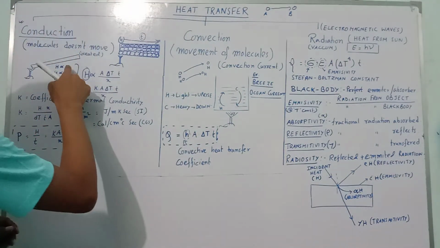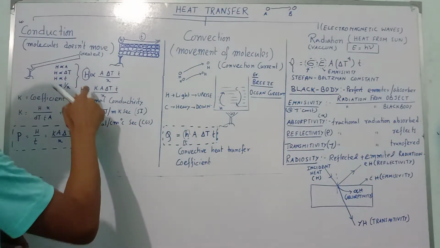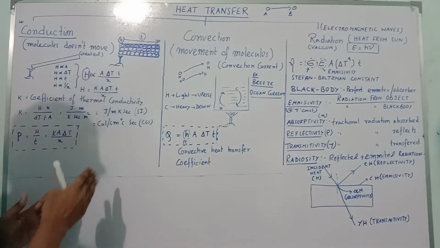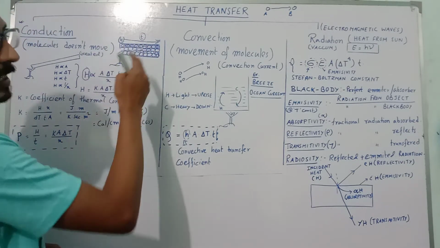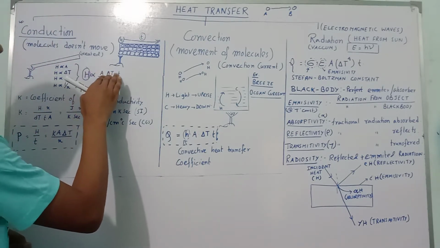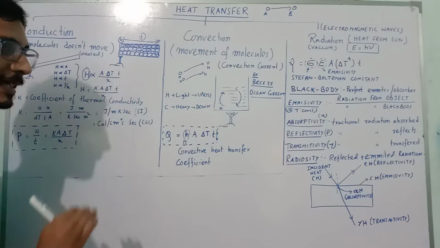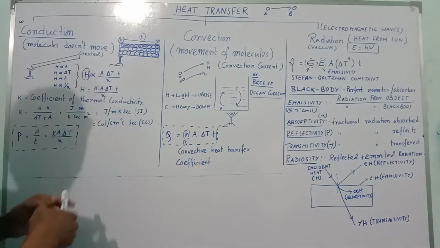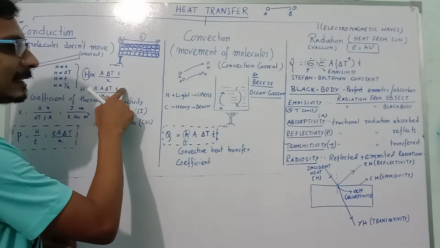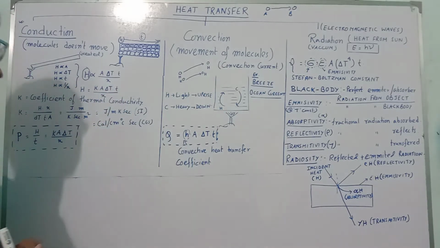Combining these, we get that H, the amount of heat conducted from one end to another end of an object, is directly proportional to A delta T into small t by x. So H is equal to some constant K A delta T into small t by x.